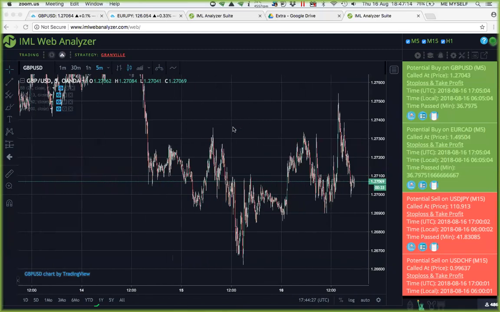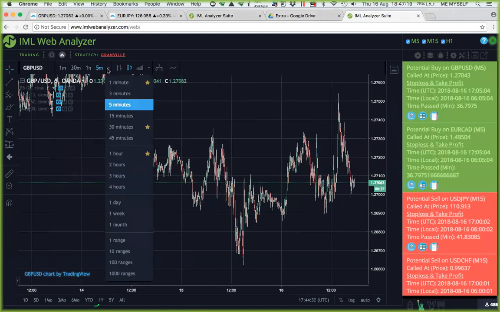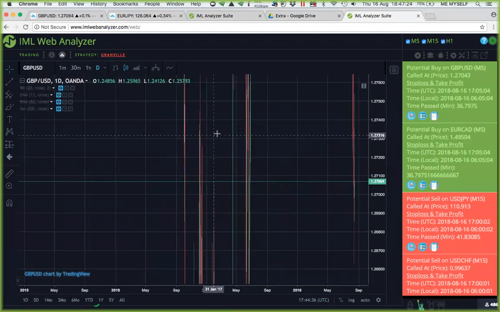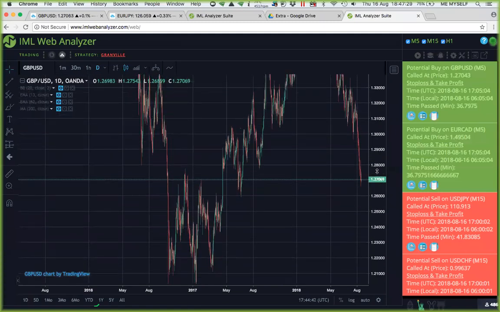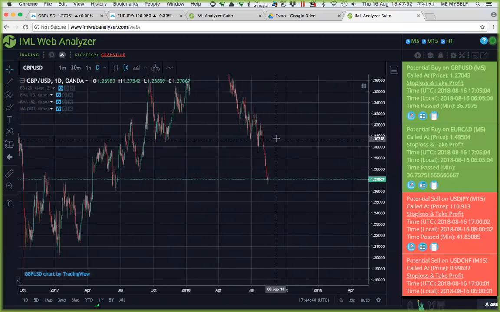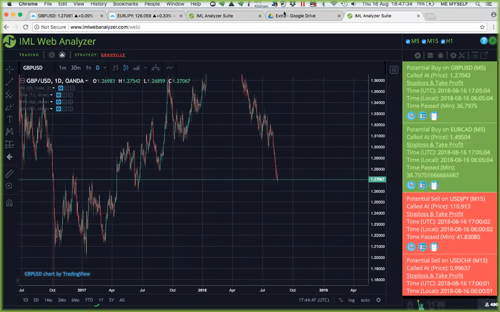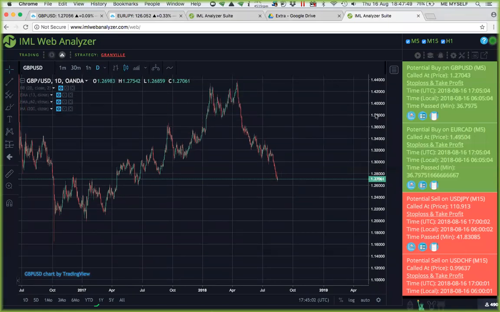So with our technical analysis, what I like to do is a top-down analysis. I go to a bigger time frame, say for example a monthly or daily here, and it gives me an idea of where the general market is headed. We can see here that GBP USD has been downtrending for quite a long time.